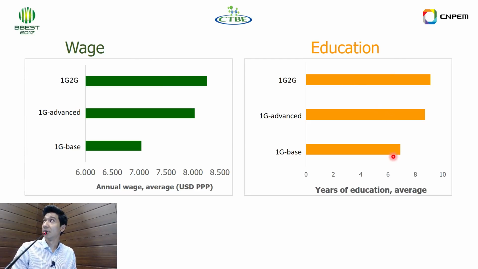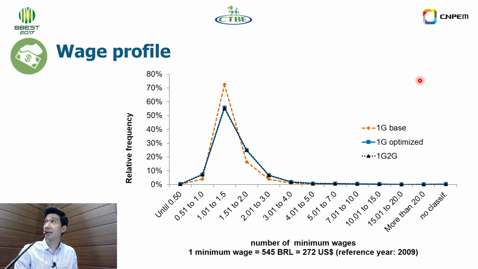The same occurs with education. The average education for a worker in the outdated mill and supply chain would be around 7 years, and it can increase to 8 or 9 years when we consider this different profile of workers. Just taking a look at the wage profile, the blue line and the black lines are the same, because there's not so much difference between the supply chains.